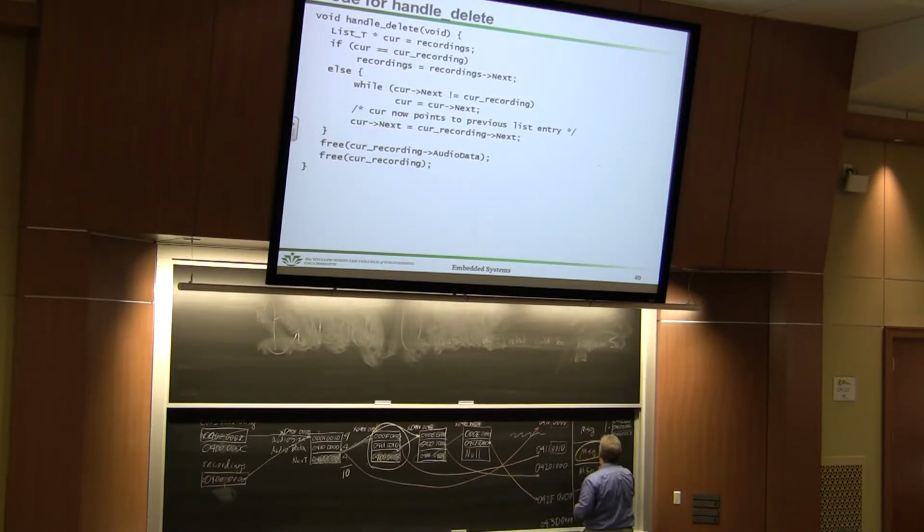Let's say, for example, you have all of this space that you need to do away with, and you free it. You use the free function to get rid of the data, and then the free function to get rid of those 12 bytes there that identify the structure, or that part of the structure.